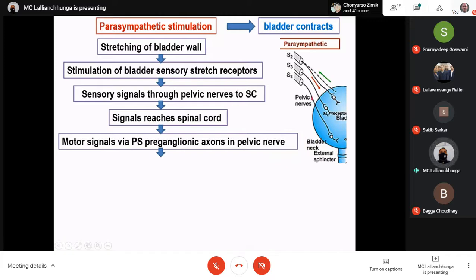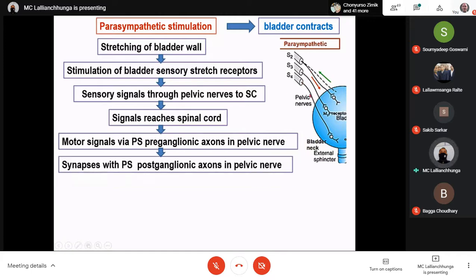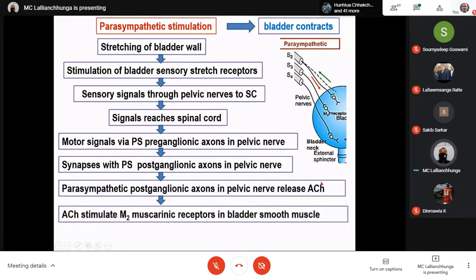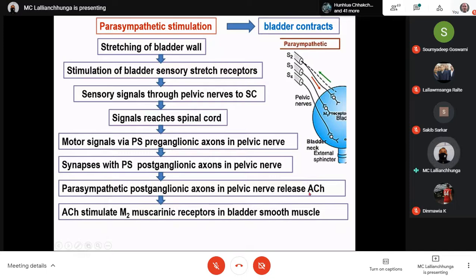So as you know, this is the pelvic nerve, which synapses with the parasympathetic postganglionic neuron, and here there will be a release of acetylcholine, ACh. Then acetylcholine will bind to M2 muscarinic receptors in the bladder smooth muscle. So here you can see M2 receptors.